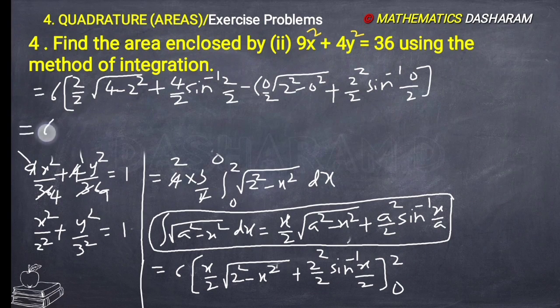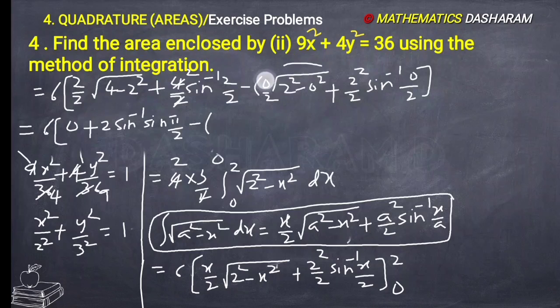So it is equals to 6 bracket of 2 by 2 is 1 and 4 minus 2 square is 0. So total 0. Here 2 ones are 2, 2 into sine inverse 2 by 2, 1. 1 can be written as sine pi by 2, minus 0 by 2, 0. It is a total 0 plus here 2 square cancel, 2 into sine inverse 0 by 2 is 0. 0 can be written as sine 0.